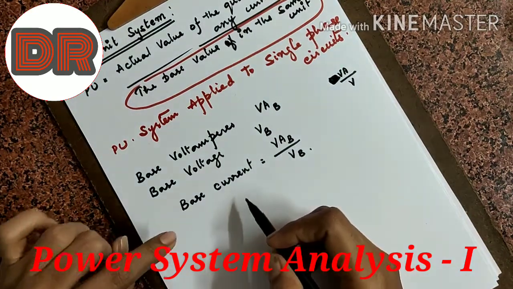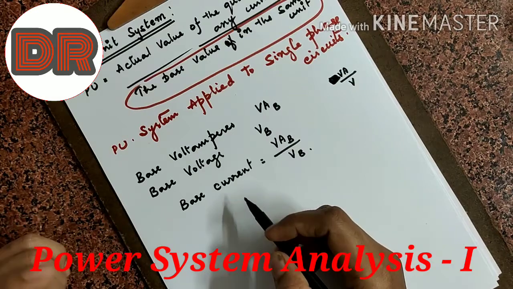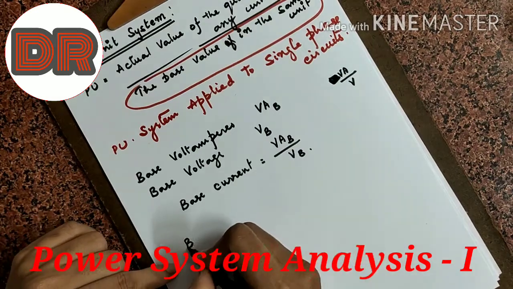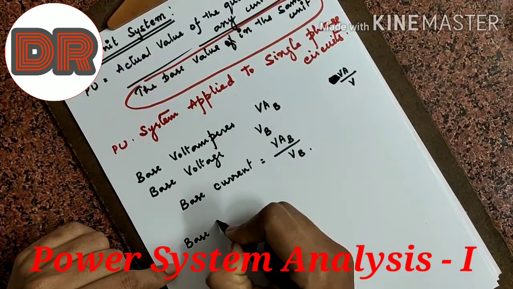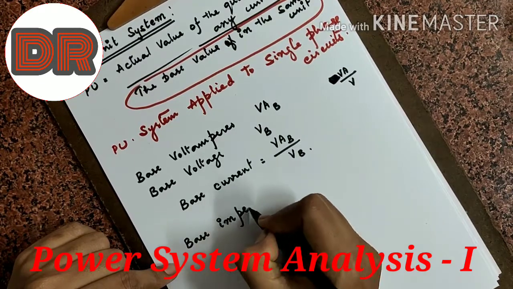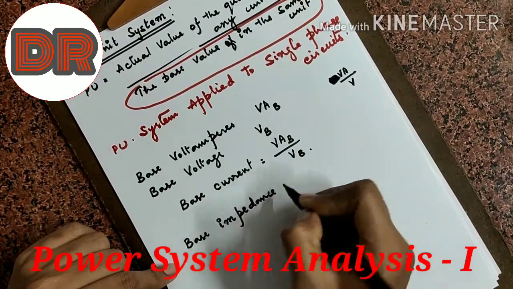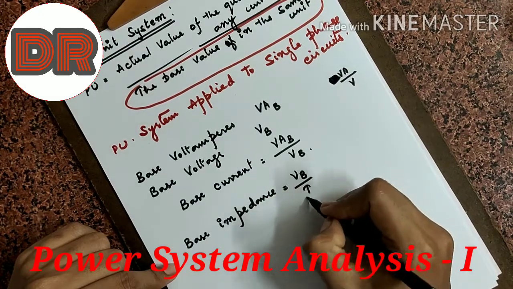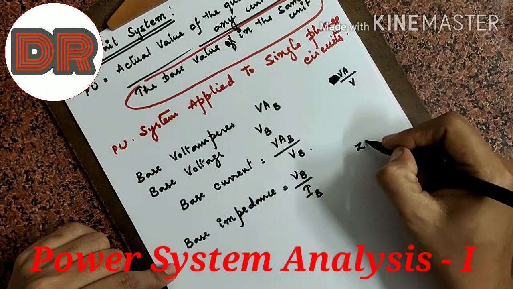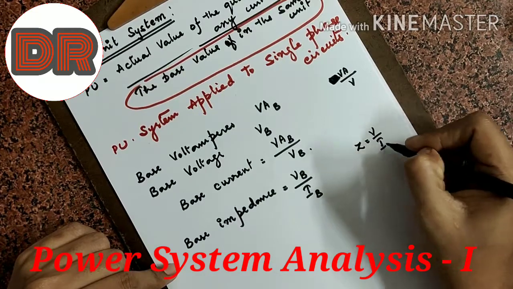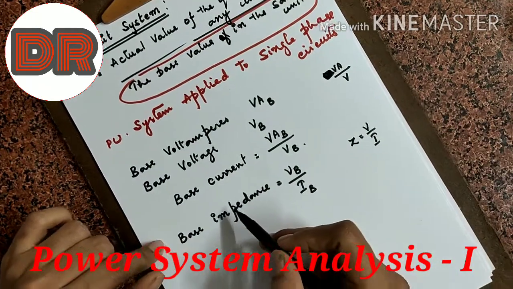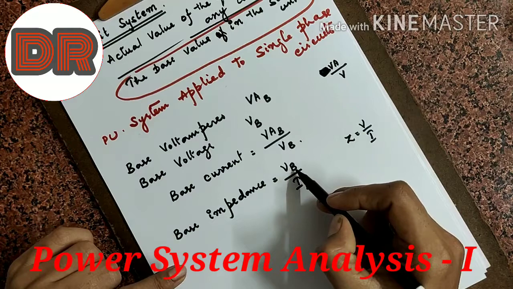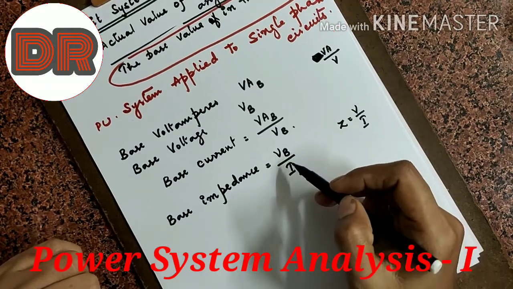Now if you know the base current, how to calculate base impedance? Normally impedance can be calculated using voltage by current. So you know Z is equal to V by I. Since I need base impedance, I'll be using voltage base and current base for the calculation.